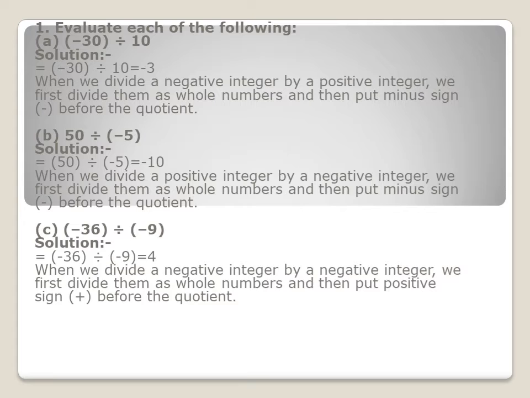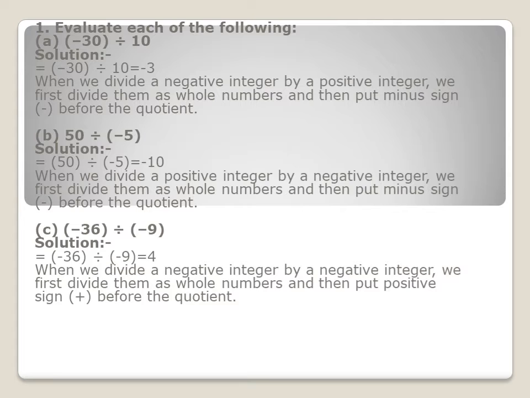When we divide a positive integer by a negative integer, we first divide them as whole numbers and then put the minus sign before the quotient. The quotient is nothing but the answer. Here the dividend is 50, the divisor, the one which divides the dividend, is called the divisor, and the quotient, the answer, is minus 10.